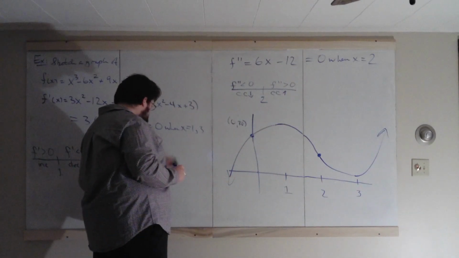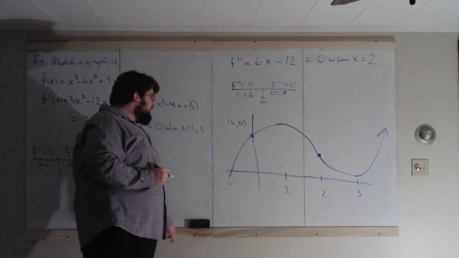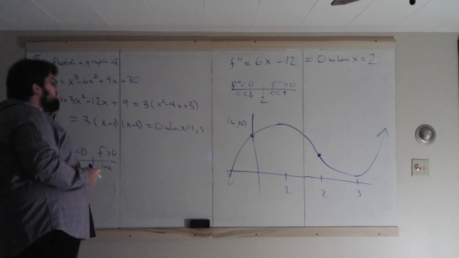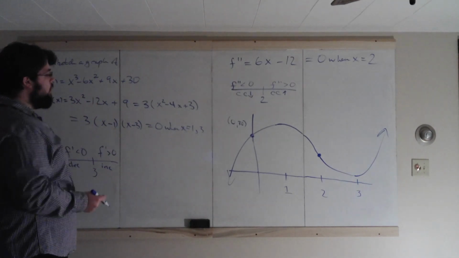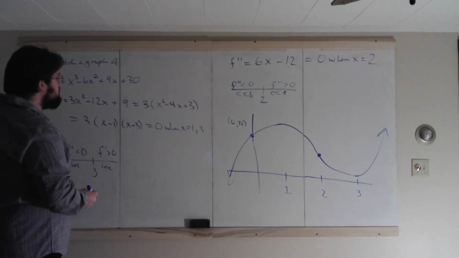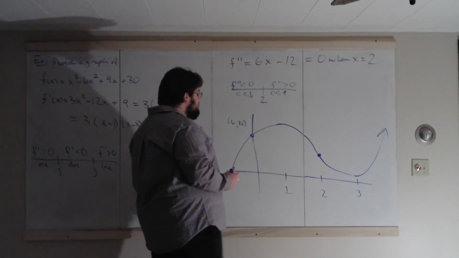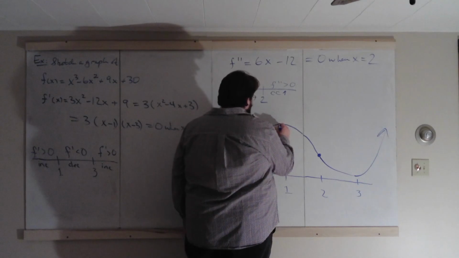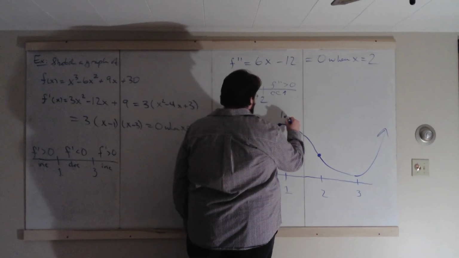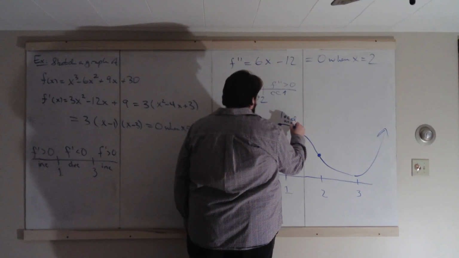Now, sometimes I ask, I didn't write it for this one, sometimes I ask, label the local maximum, local minimum, and the inflection points. Sometimes I say to do it with an ordered pair. I'll just say, for this example, with the graph.